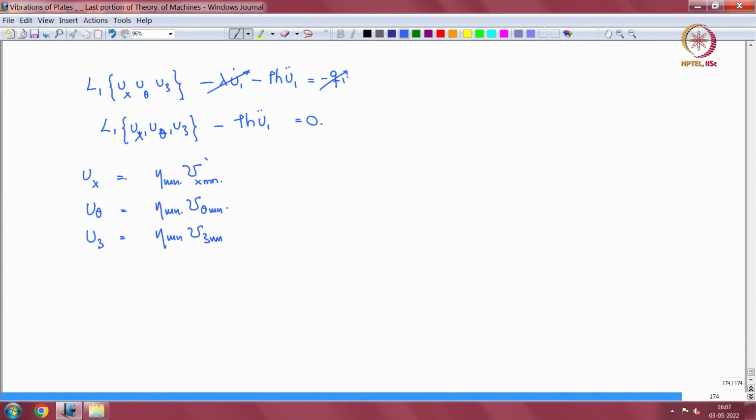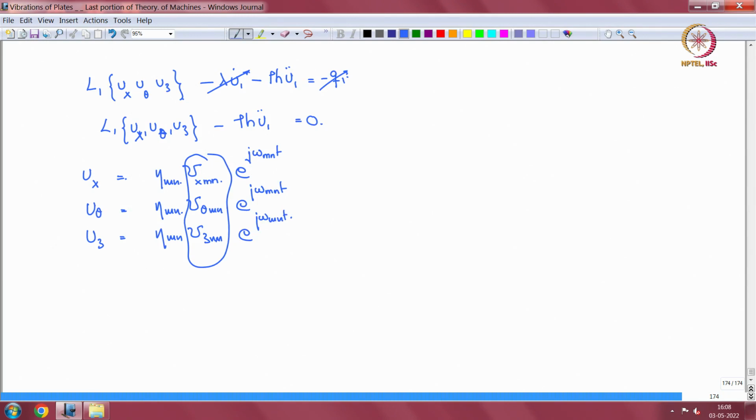Okay. So this is one mode shape, times e to the power j omega mn t. It is one natural frequency.